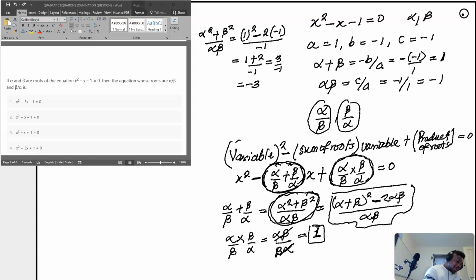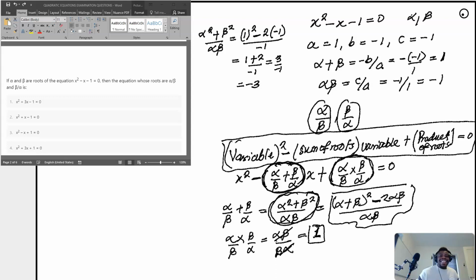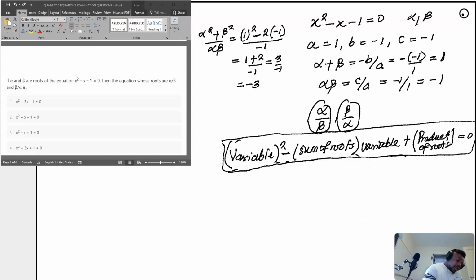So now let's put it in this formula so we can derive our quadratic equation. So our variable is x, so x squared minus sum of roots, we got minus 3, variable x plus product of root was 1 is equal to 0.